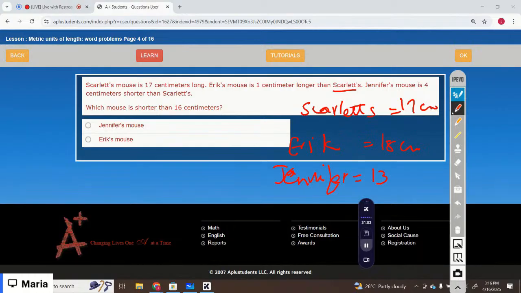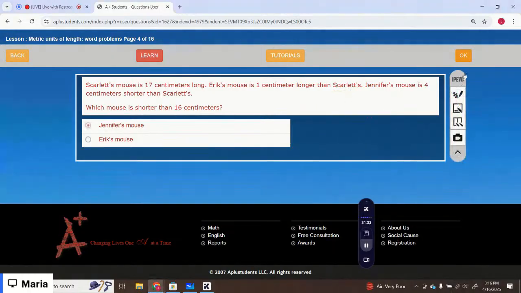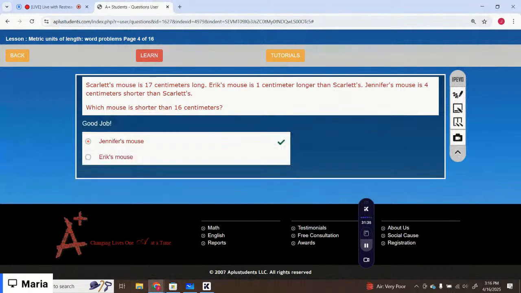Which mouse is shorter than 16 centimeters? So which is the correct option? Jennifer's mouse is shorter than 16 centimeters.